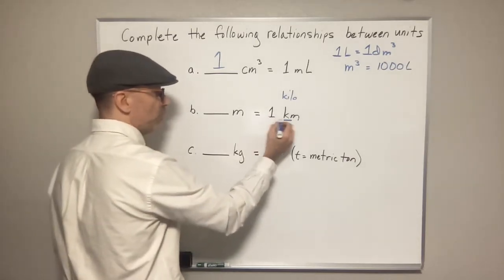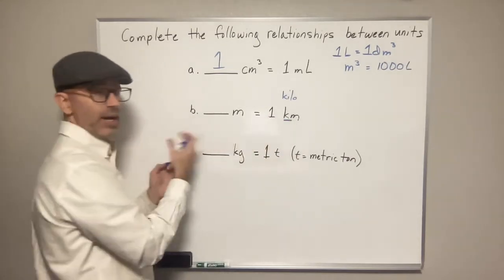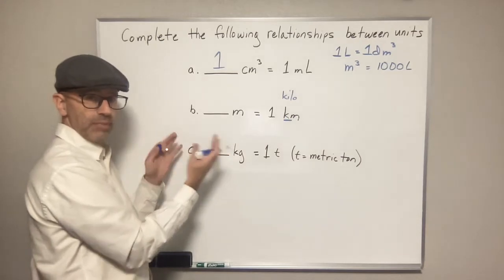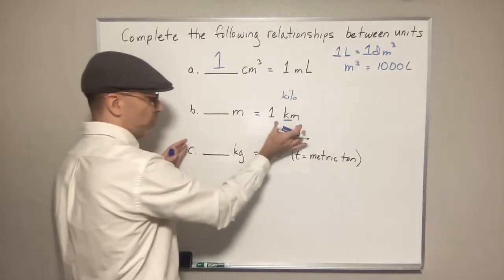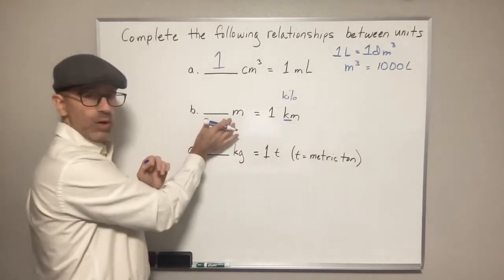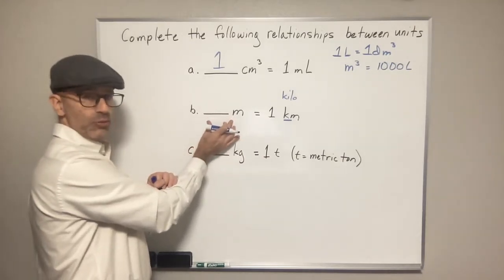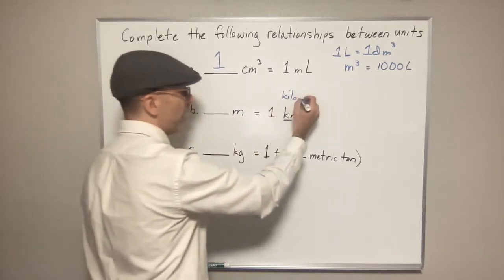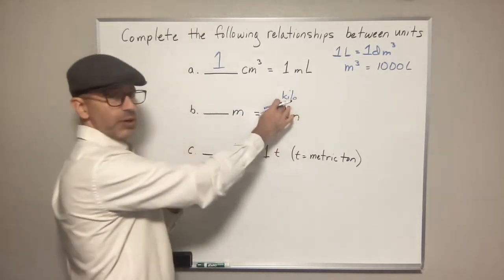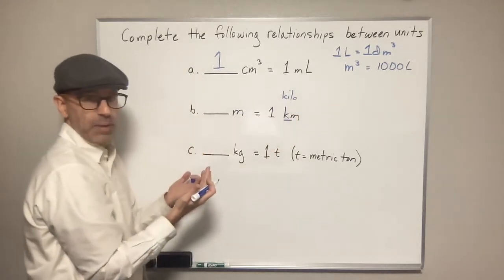So we have one with the prefix, which I always do when I'm setting this up on my own. I put one with the prefix, and then I got to figure out what's going to go with the base unit. Well, it's the prefix multiplier that goes with the base unit. And so if I don't know what the prefix multiplier for kilo is, I'm kind of stuck.